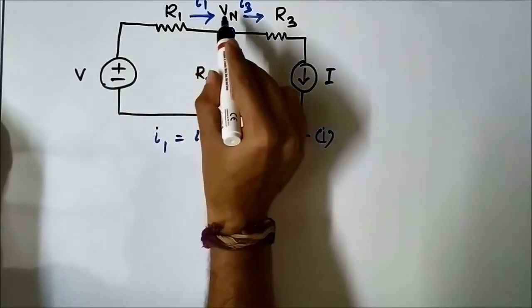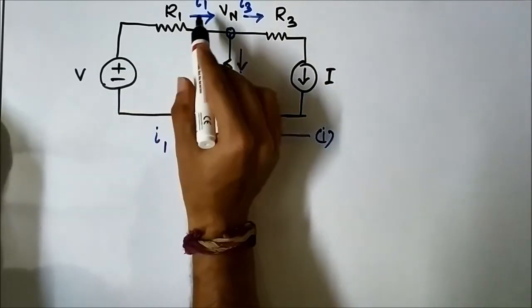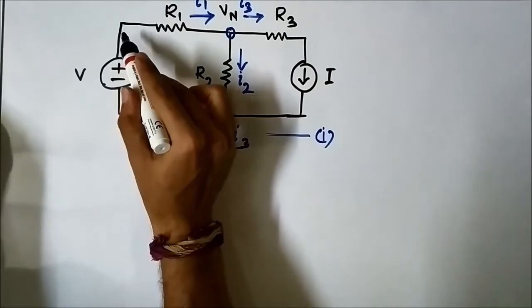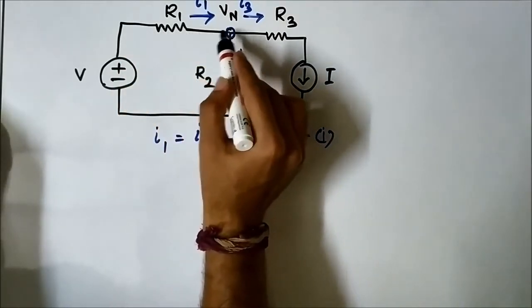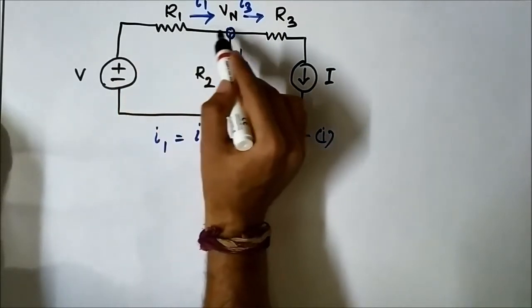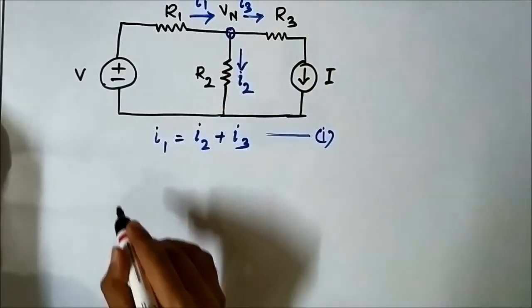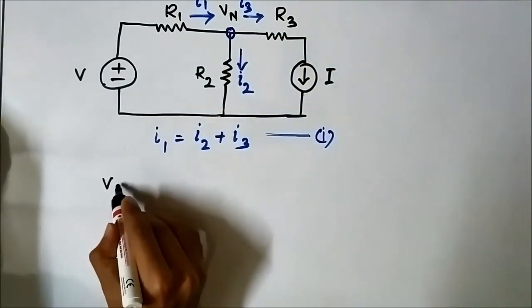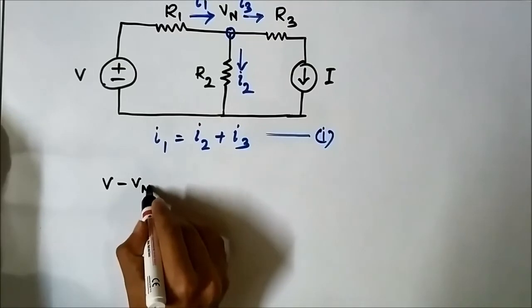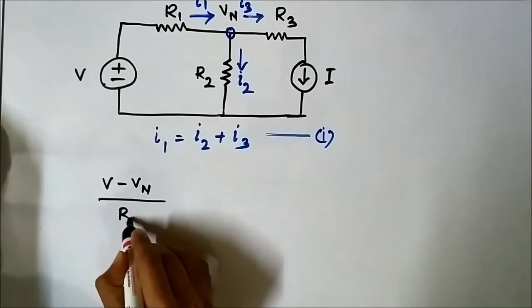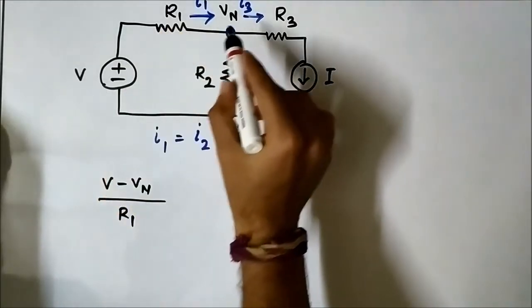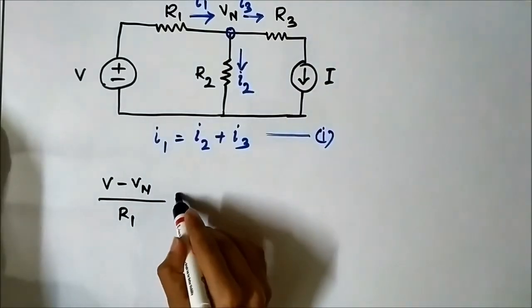See, current I1 is flowing from V and ending at Vn. It is originating from V, terminating at Vn, so I1 will be V minus Vn by R1. In between V and Vn there is resistor R1.